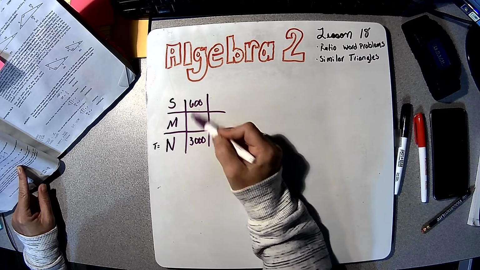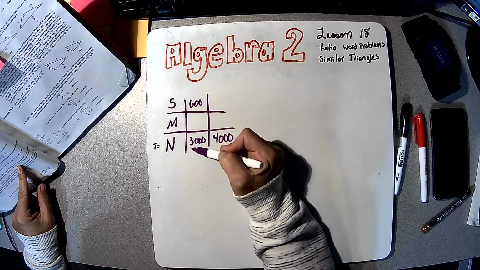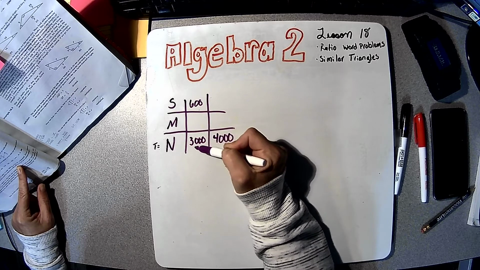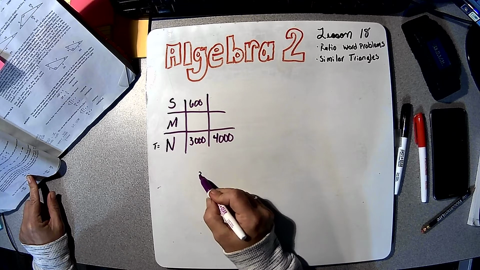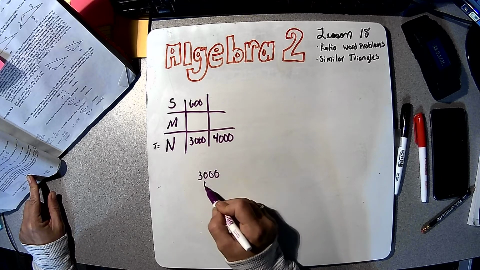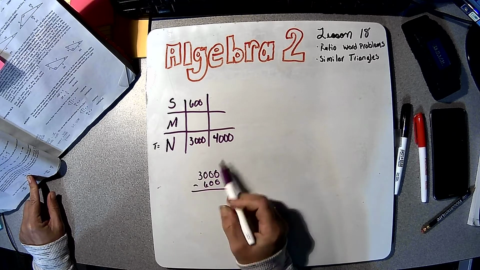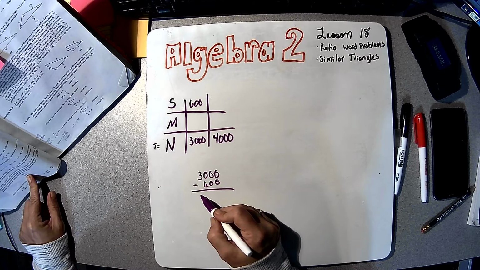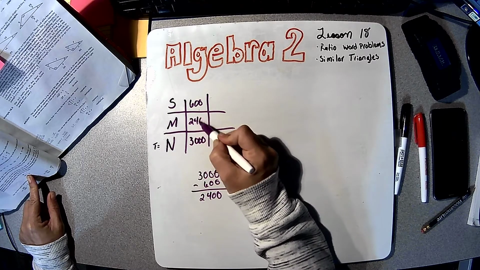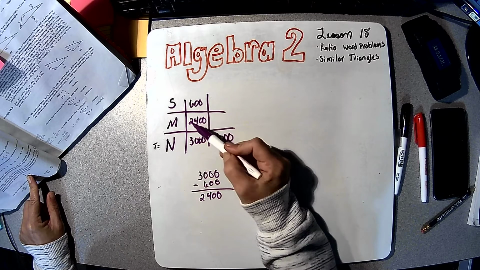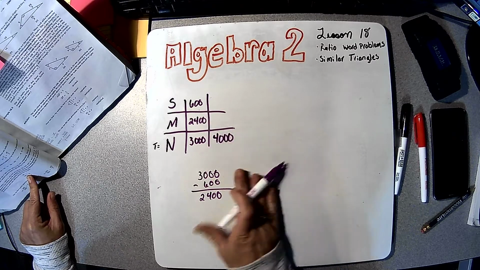Right here, we're going to have to subtract to figure out what this is, because 600 plus something makes 3,000. That's going to be 3,000 minus 600. And we're going to get 2,400. So if we added 2,400 plus 600, we would get 3,000.